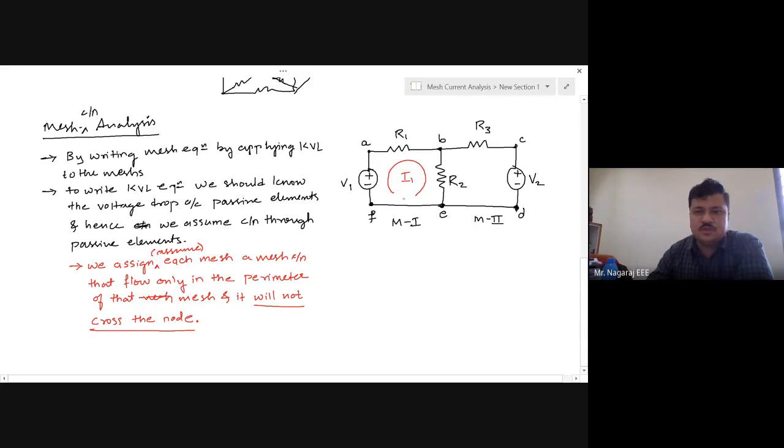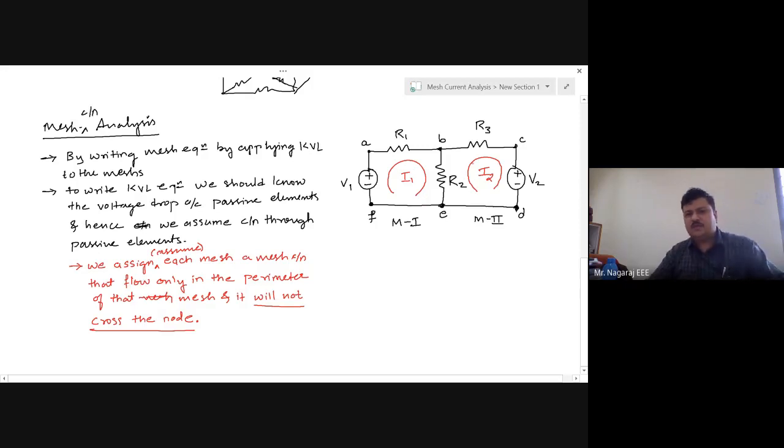This is an assumed current. Similarly, I will assume another mesh current, say I2, which will flow only through V2, R2 and R3, and it will not flow through R1 and V1.